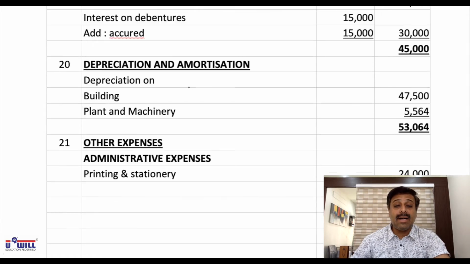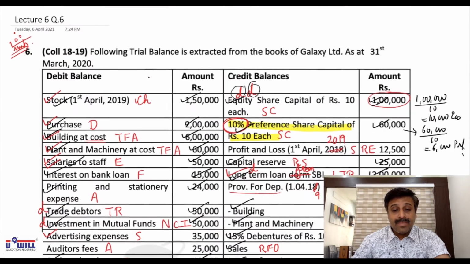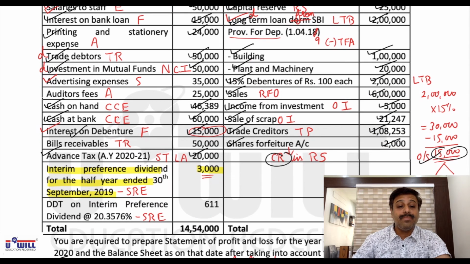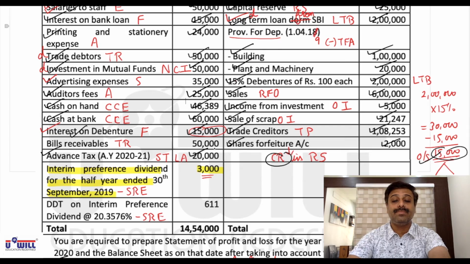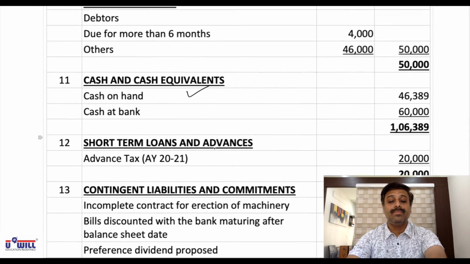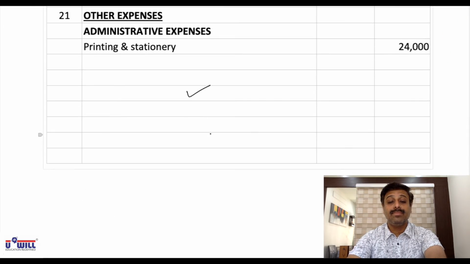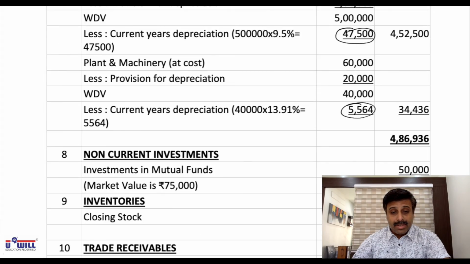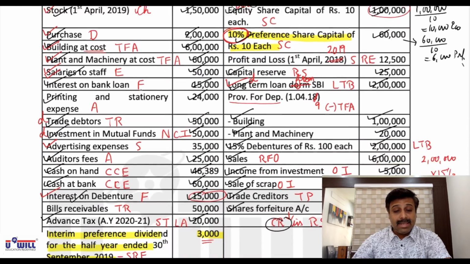Then what else is marked as A? After printing and stationery, auditor's fees of 25,000. Then after auditor's fees, which other item is marked as A?